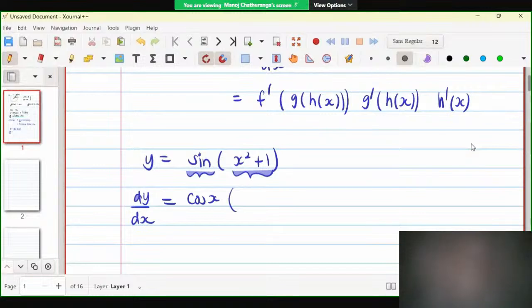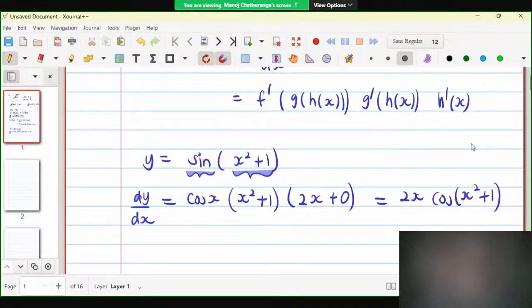We don't even look at what is inside. Once we're done with the sine function, we look at the inside. Inside we have x squared plus 1. For that, we can use the sum rule, since it's a sum of two functions. The derivative of x squared is 2x, and the derivative of 1 is 0. So the final answer is 2x cosine of x squared plus 1.